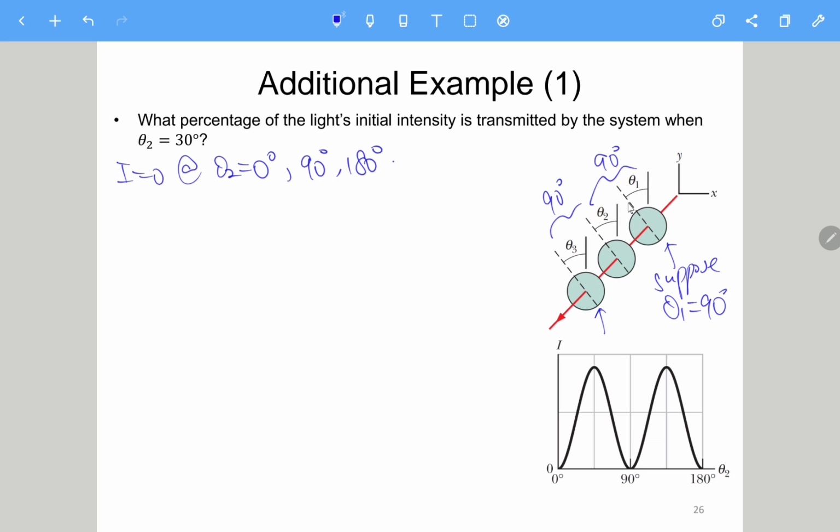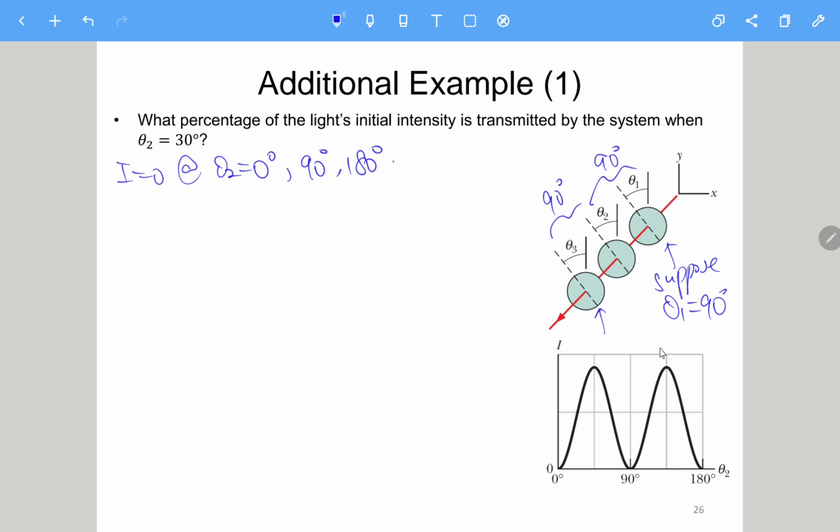So there will be no light that can go through theta 1 and theta 2. If there's no light going through theta 1 and theta 2, there's still no light going through theta 3, the sheet 3. So at least one of the filters is 90 degree to the y-axis.